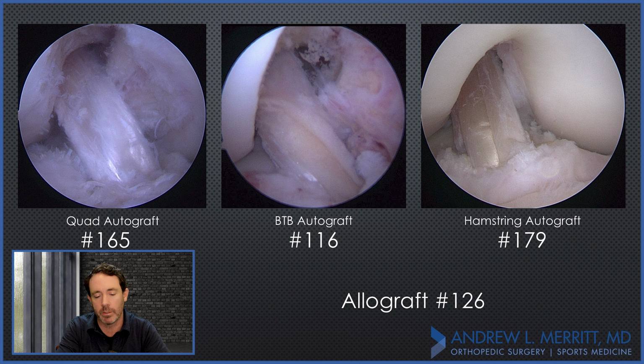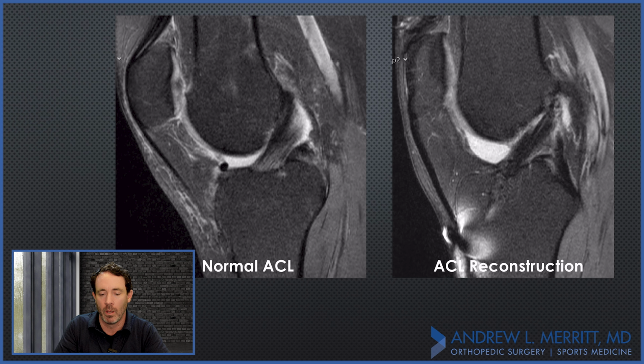Quad and BTB, I think BTB's gone up for me lately, but they're roughly equal. And then allograft, the cadaver tissue, is for certain populations: the older, less active athletes, sometimes revision, or people who are happy working out in the gym, not that interested in cutting and pivoting sports, and just want to get back quicker. An allograft is a good option.